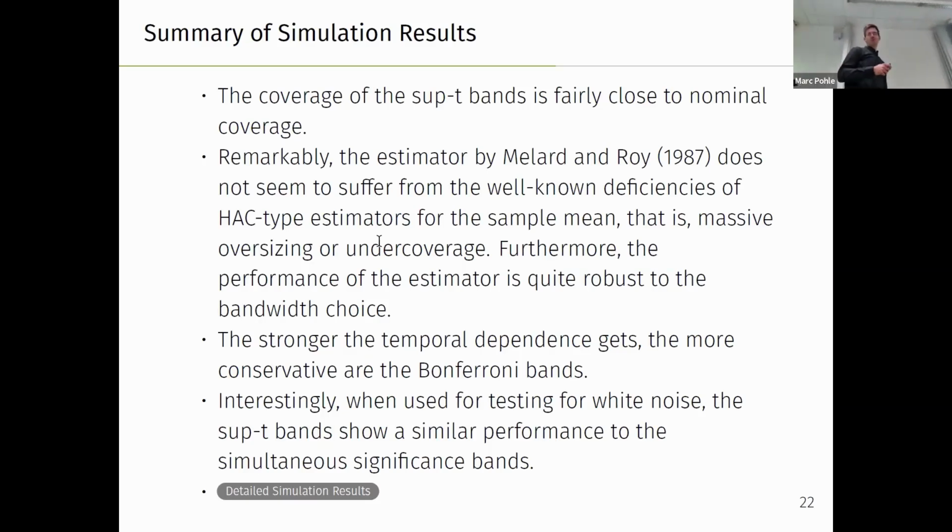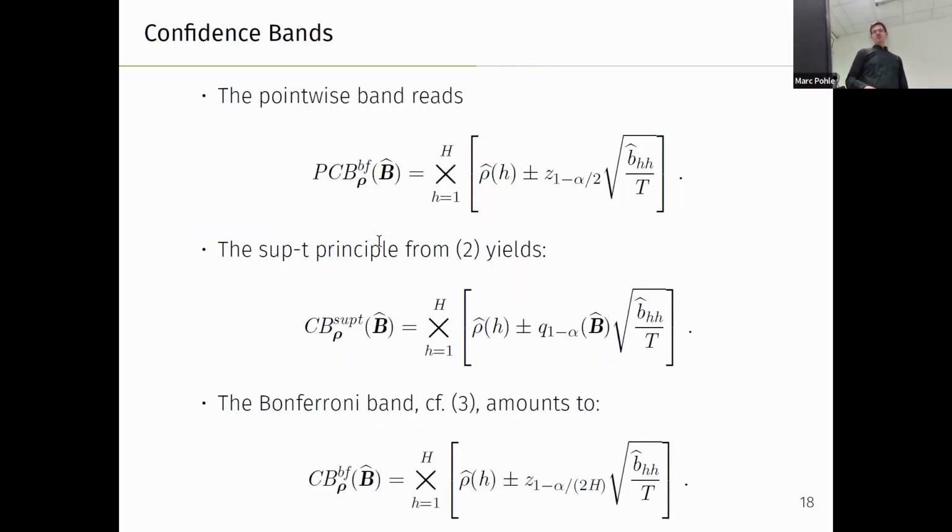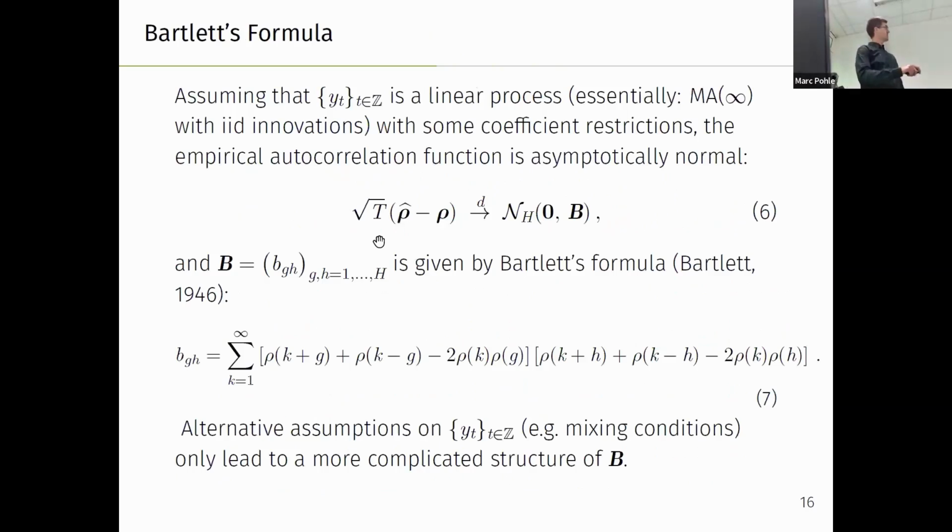For example, I would have expected we simulate from AR1 processes mainly, and for the strong temporal dependence, we would have expected a decline in performance, of course, as you say, but it's not the case. Maybe so. If you simulate an AR17, then you have lots of autocorrelation coefficients to deal with, and maybe then it gets more difficult. It has to have something to do with this Bartlett formula, because as I said, we're currently revising the paper, and one gets a more general or different formula under mixing and moment conditions.